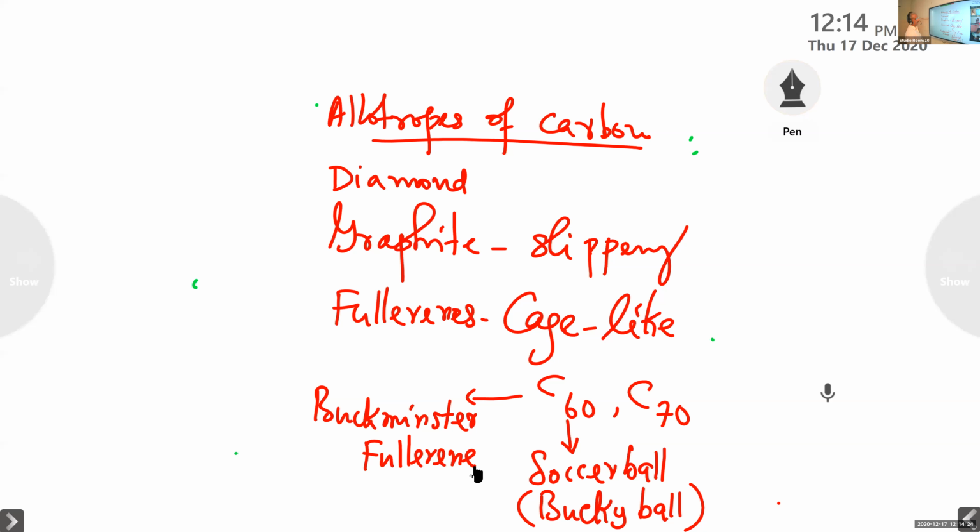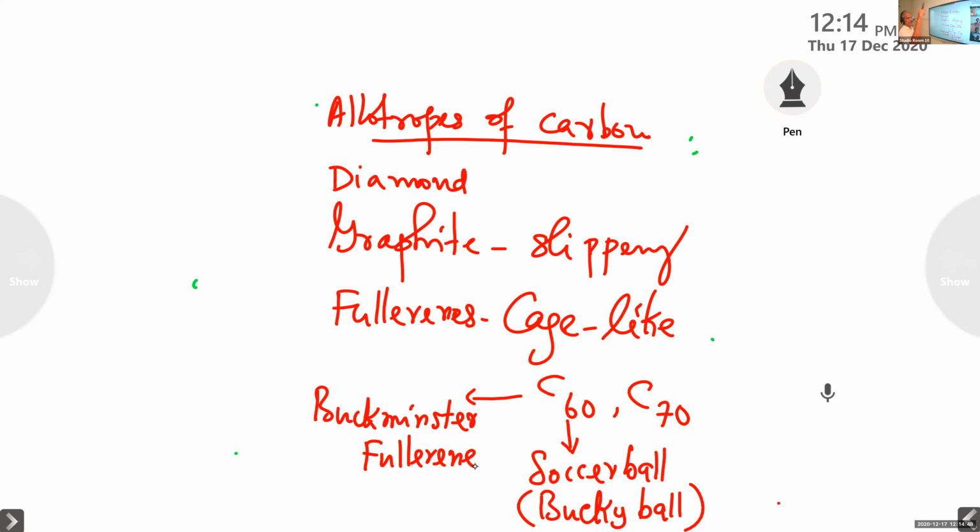The architect. See, in his constructions, at the top of the building, we can see the domes. You think of the mosque, Taj Mahal.